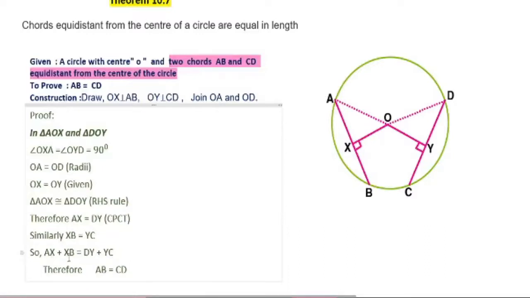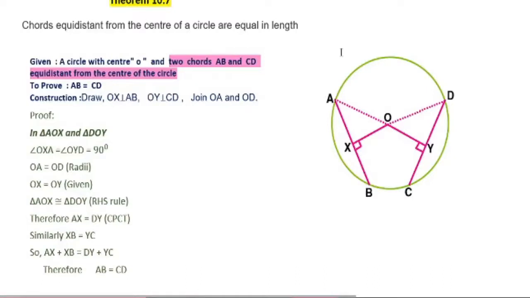So AX plus XB is AB, look at the figure, and DY plus YC you will get DC. So AB equal to CD. This is what we had to prove: AB and CD, they are chords, so they are equal. So in this theorem we have proved chords equidistant from the center of a circle are equal in length.